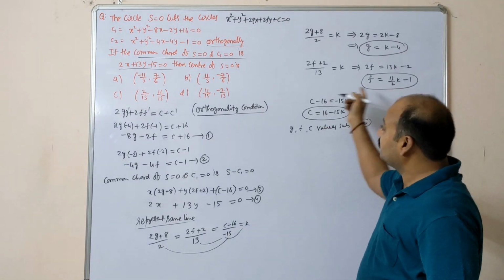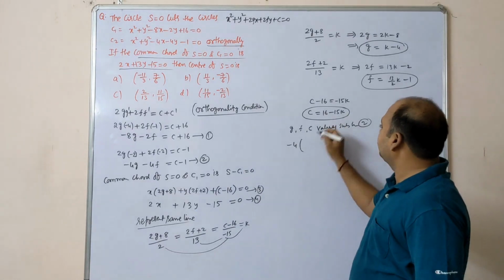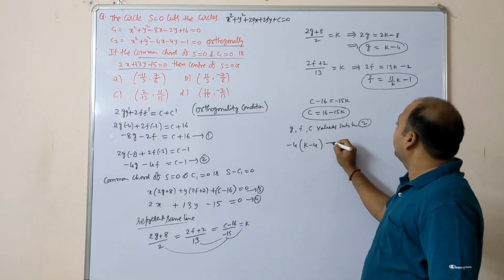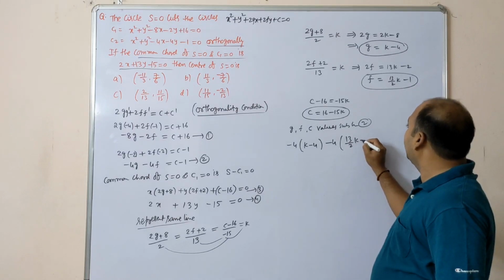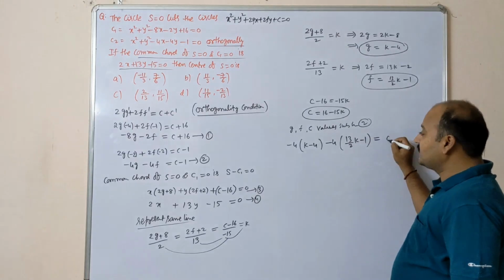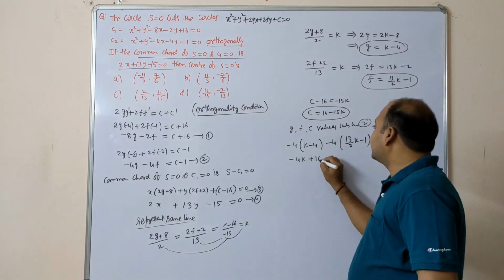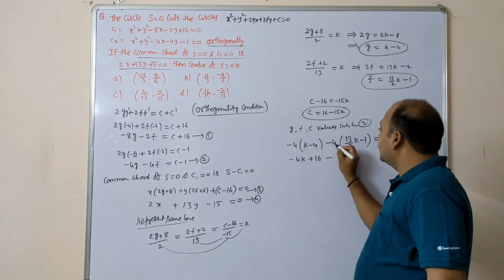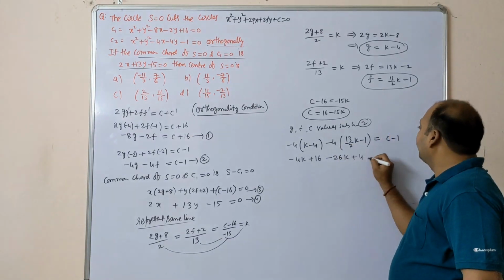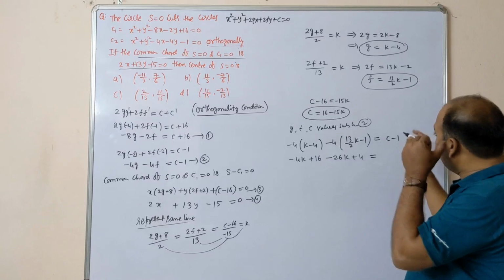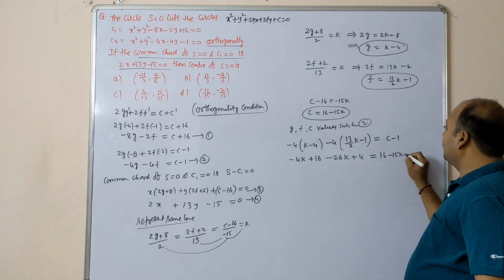Substitute the g and f values in equation 2. Minus 4 into k minus 4. Next, minus 4 into 13 by 2 into k minus 1 is equal to c minus 1. So minus 4k plus 16, minus 26k plus 4 is equal to c value 16 minus 15k minus 1.